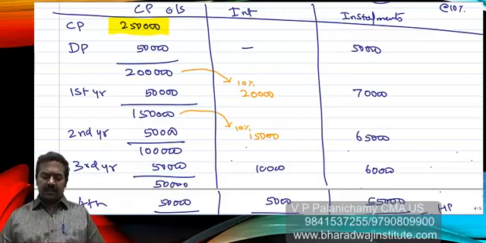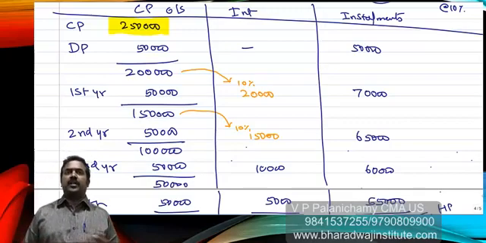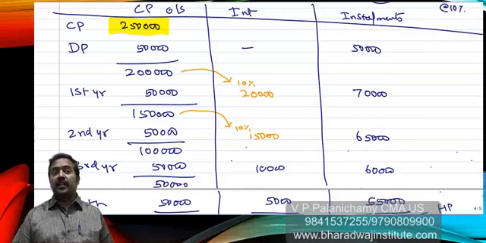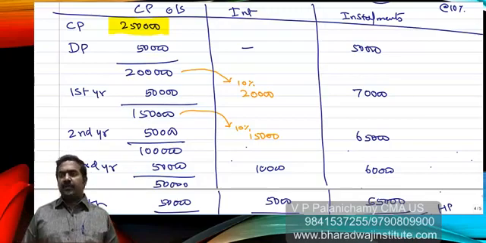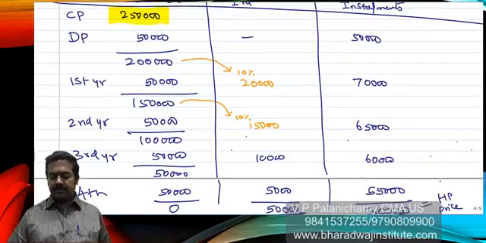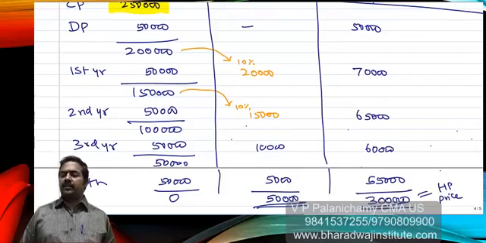You can have the title. Any doubt in the working? First year, not 2,50,000 outstanding. 50,000 we settled immediately. So 2 lakhs into 10%, 20,000. Second year 15,000. Third year 10,000. Last year 5,000, like that. Interest is 10% per annum.